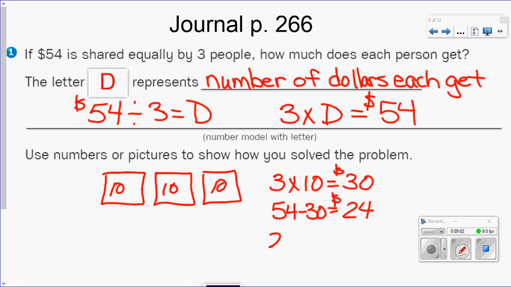So if I take the 24 and I divide that with my 3 people, that would give me $8 that each one would get.